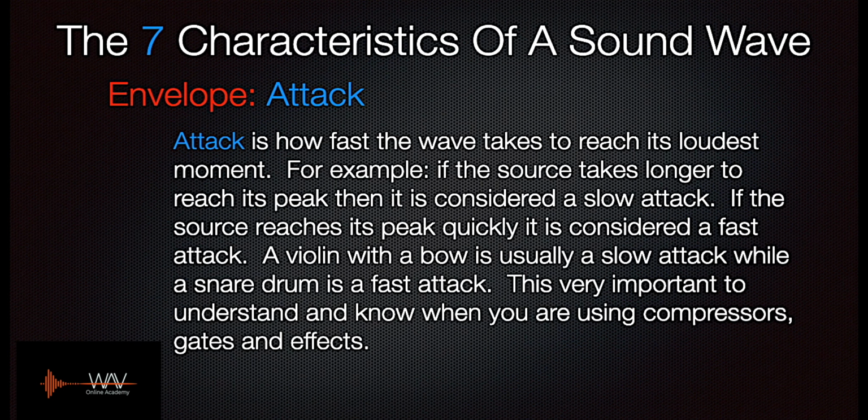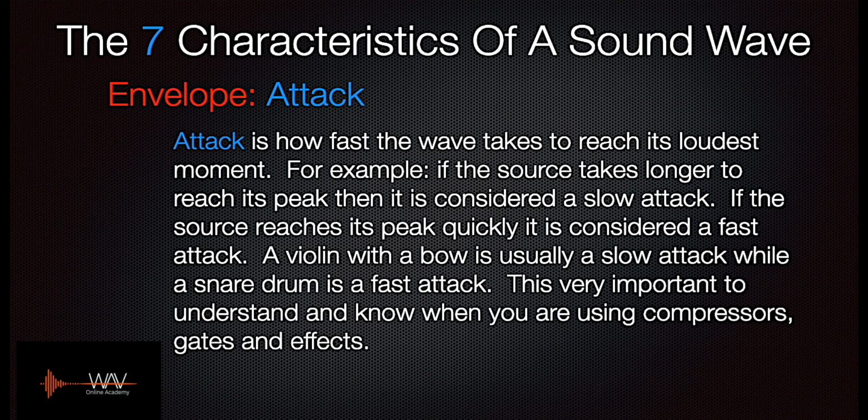So the first one is called attack. And the attack is how fast the wave takes to reach its loudest moment. Now you'll know its loudest moment because you'll either hear it, or if you can see the sound wave, it'll be taking up the most space. For example, if the source takes longer to reach its peak, then it is considered a slow attack.